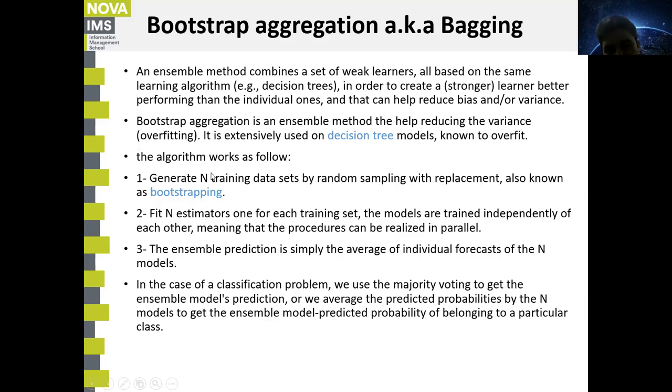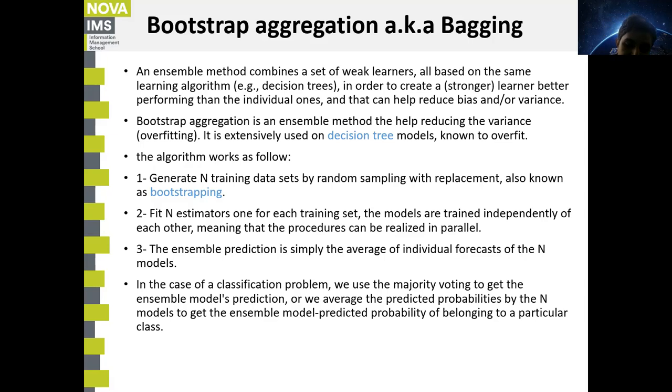The algorithm works as follows. First, generate n training datasets by random sampling with replacement, also known as bootstrapping. Fit n estimators, one for each training set. The models are trained independently of each other, meaning that the procedure can be done in parallel. Then, the ensemble prediction is simply the average of the individual forecasts of the n models.